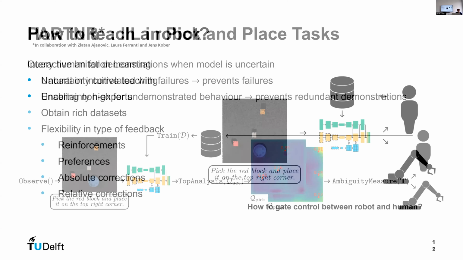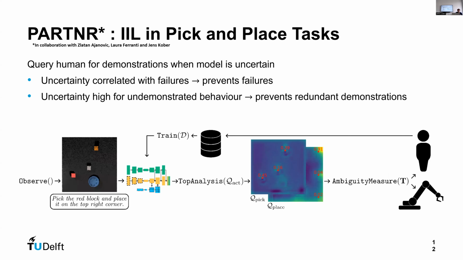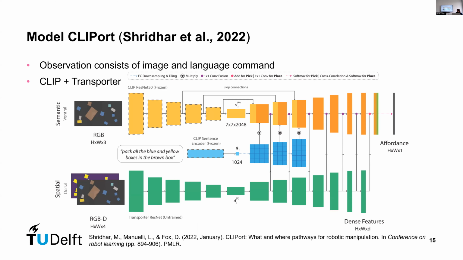But we're basically using this CLIPort model, and CLIPort is kind of able to do reasonably simple tasks after 100 demonstrations, something like that. For the engine, how many demonstrations? I think something in that range, so 100 or maybe a bit more. I don't know the exact number. Okay, I see. Thank you.